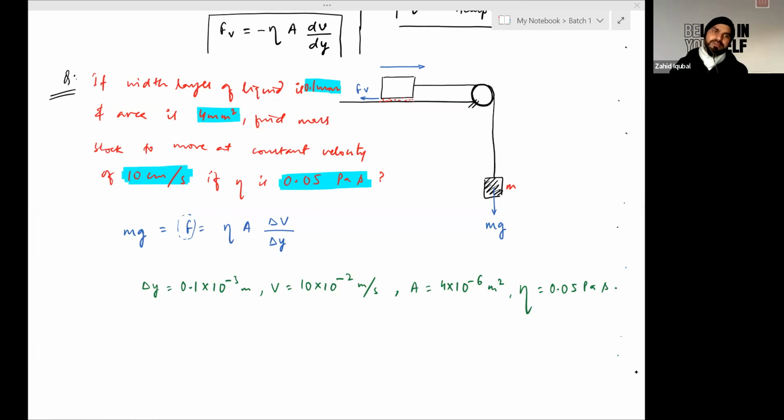Just put all these values in this formula and simplify it. Take the value of gravity to be 10.